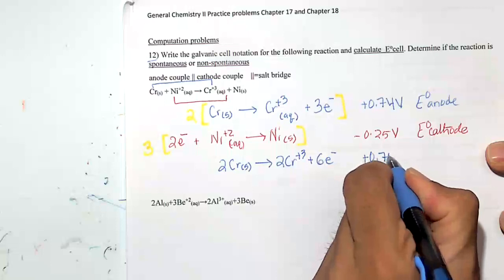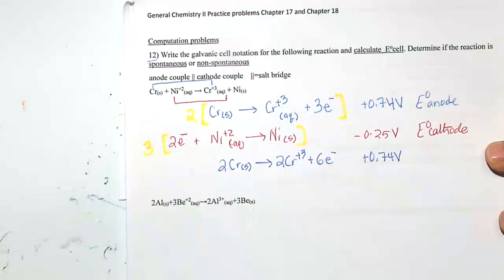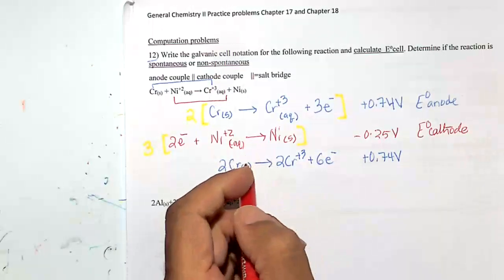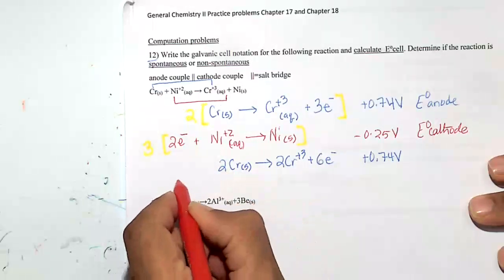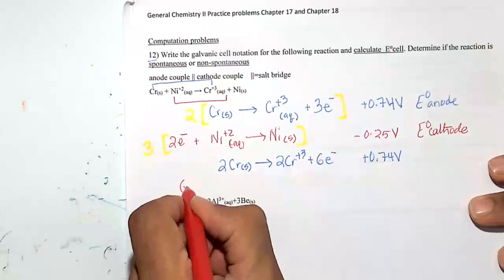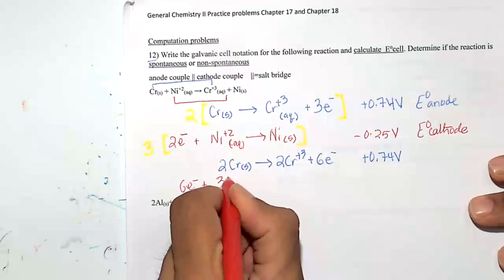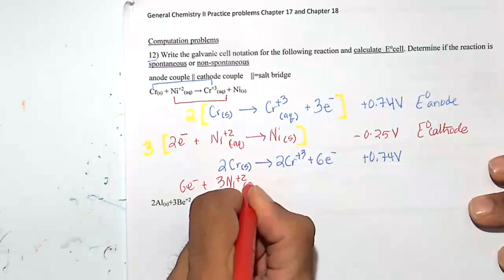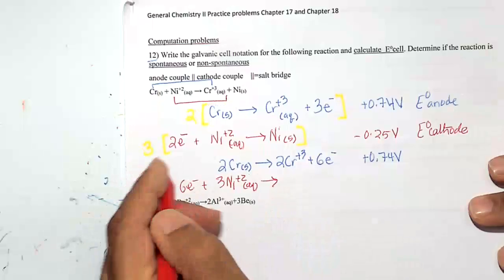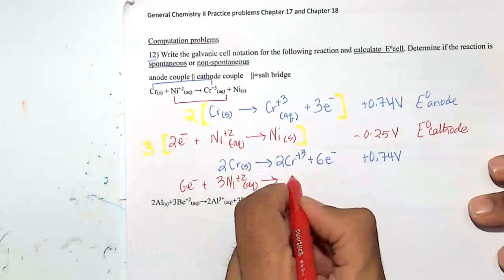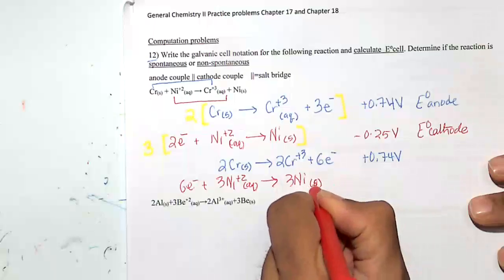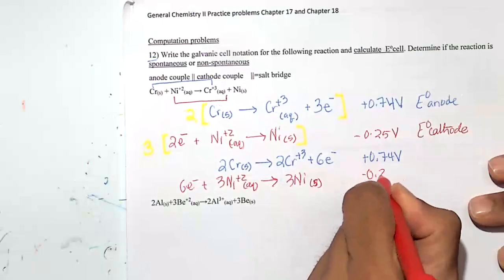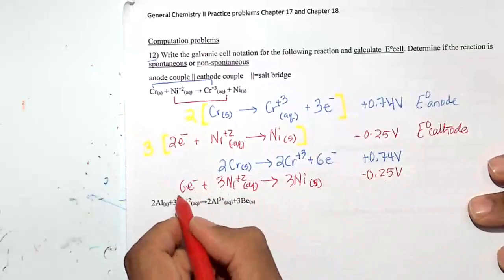It's going to be positive 0.74 volts. And then we'll do the same thing here: 6 electrons plus 3 nickel plus 2 aqueous goes to 3 nickel solid. This is minus 0.25 volts.